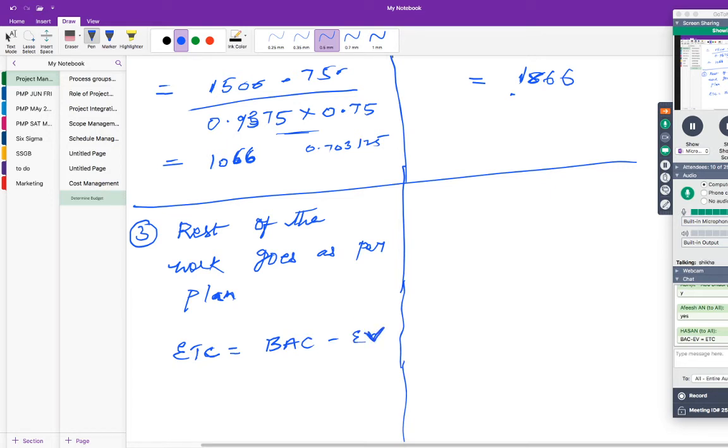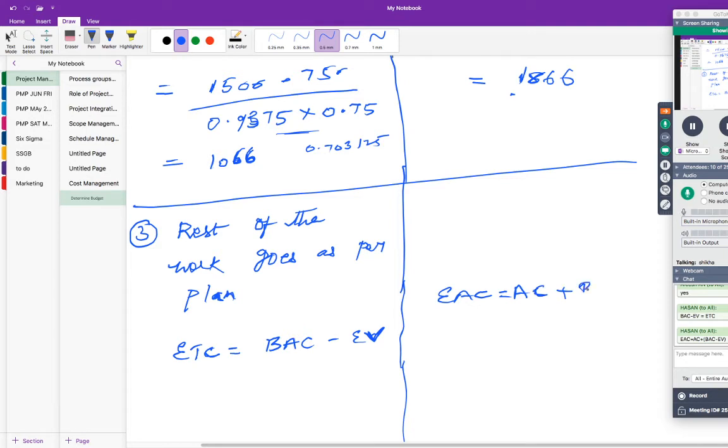So this is the formula. What is the formula for EAC when you think that there wouldn't be any variance for the rest of the work? Just add your already spent money, which is AC.